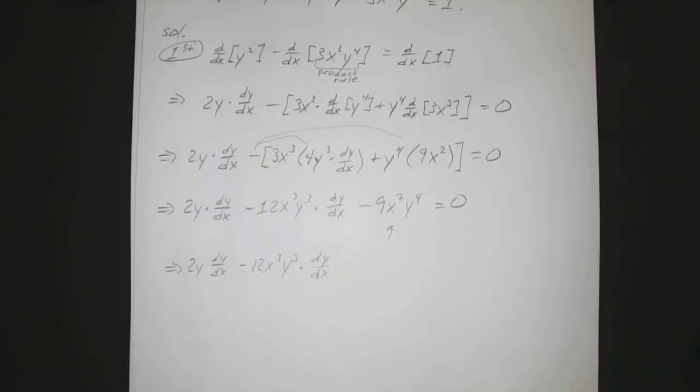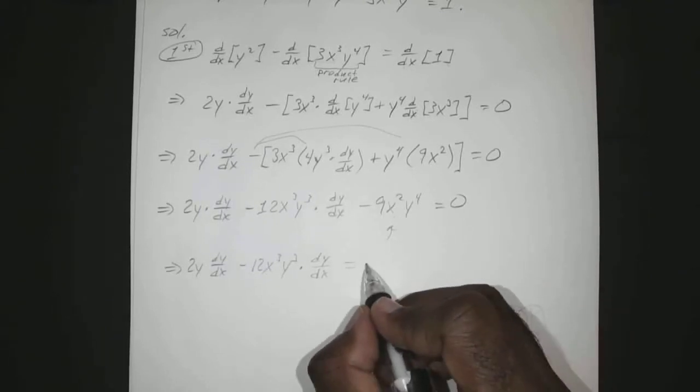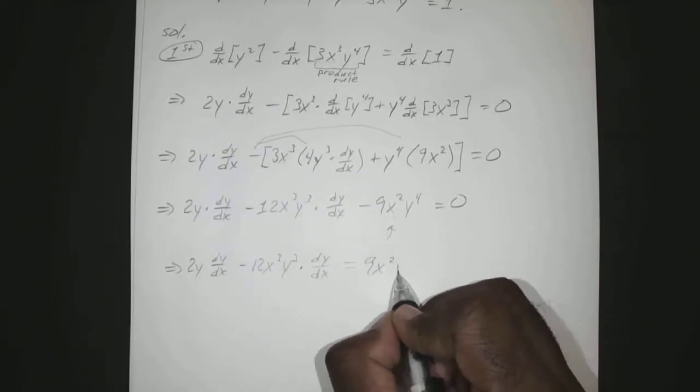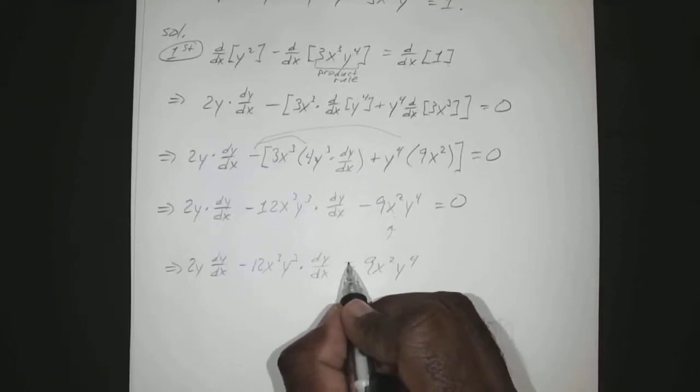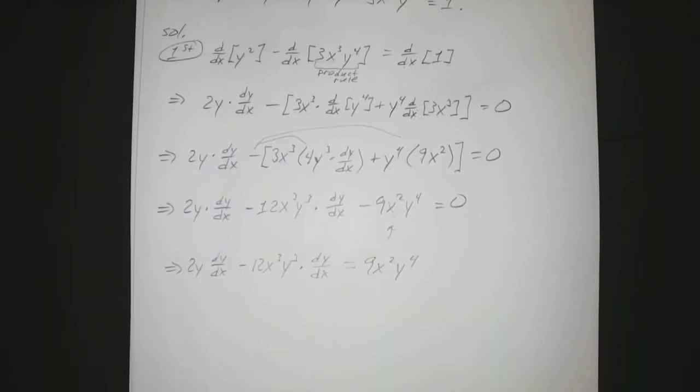If we add that to both sides, that's going to equal 9x squared y to the fourth. Sorry, I'm still writing it down. What exactly cancels out the dy/dx pertaining to 9x squared? Oh, because they're both functions of x. So just like we've been doing so far. Right, okay.